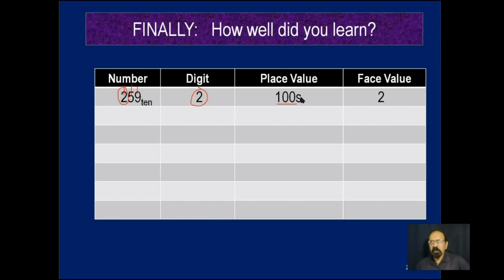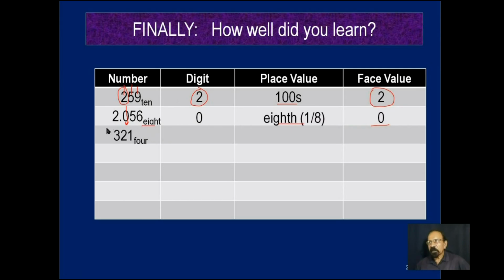Its face value is, of course, 2. This next one here, this is base 8. We want to consider this 0 here. Well, that will be 8 to the negative 1. So it will be 1/8. Its face value is 0.